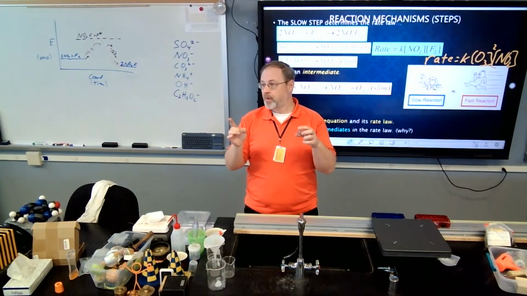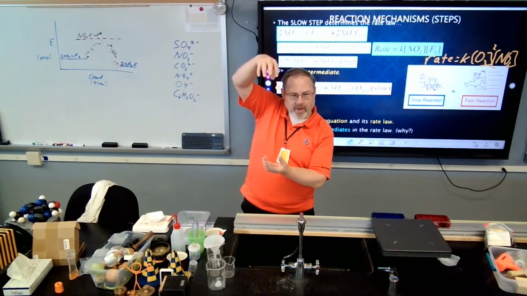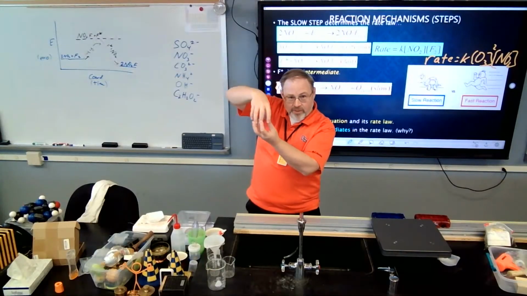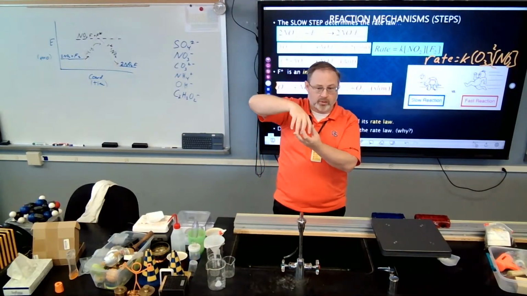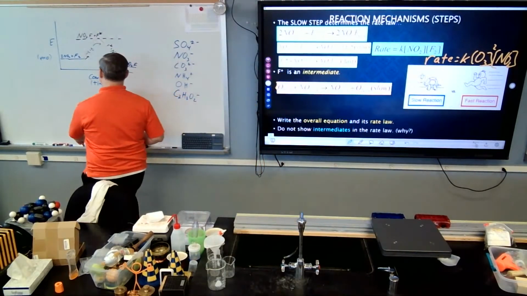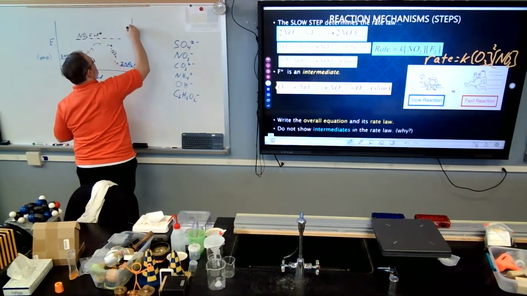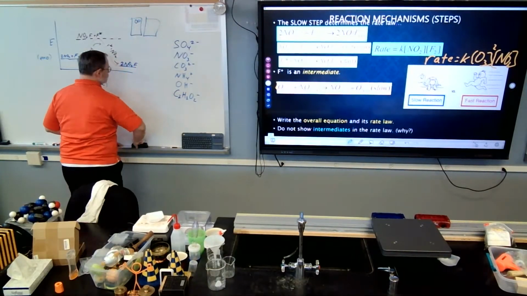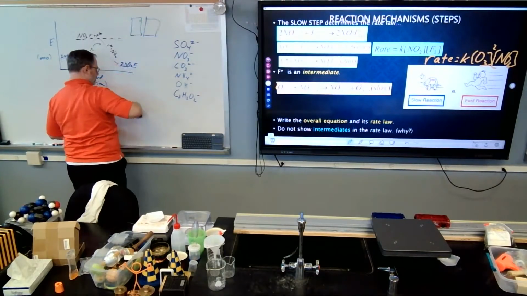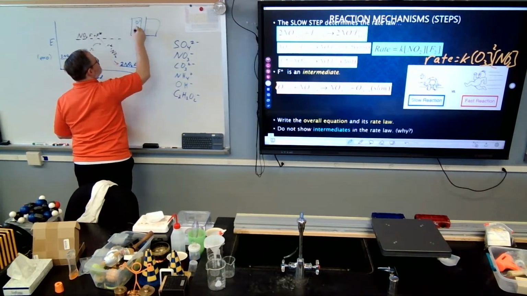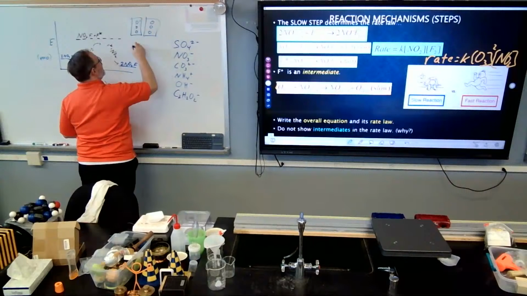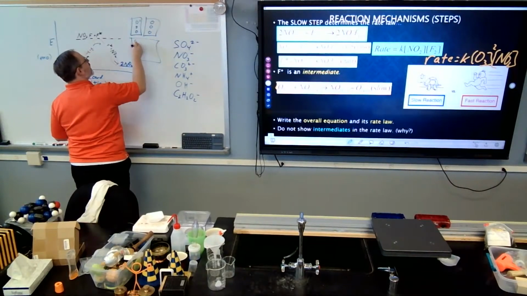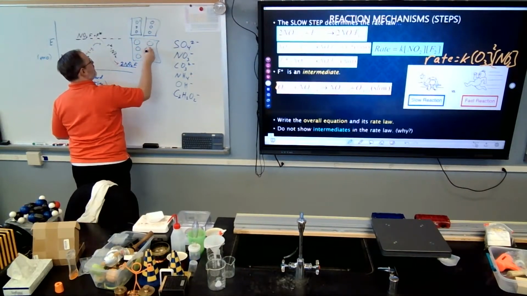Second order would be 2 blocks that have to come together before they then react with a third block. Imagine this is your Lego looking face on. So there's our studs, there's our studs, and then they have to go into a socket that looks like this.